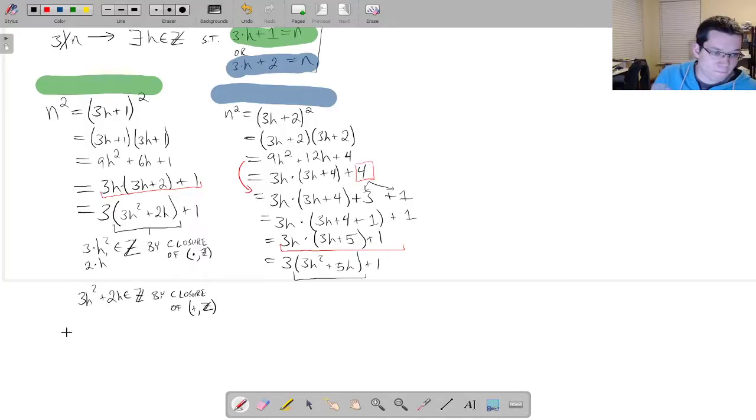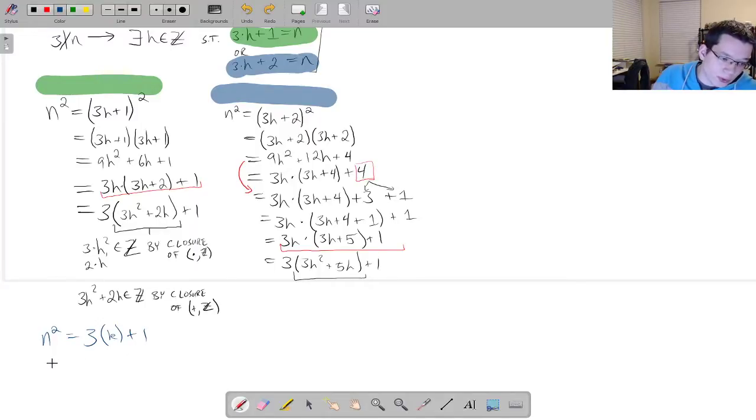So n squared is an integer. Nope, hang on. So we've now shown that n squared, I'm going to do this in a different color. This is a thought. n squared is equal to 3 times some integer plus 1.